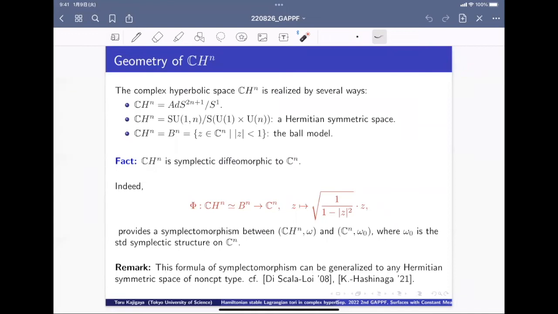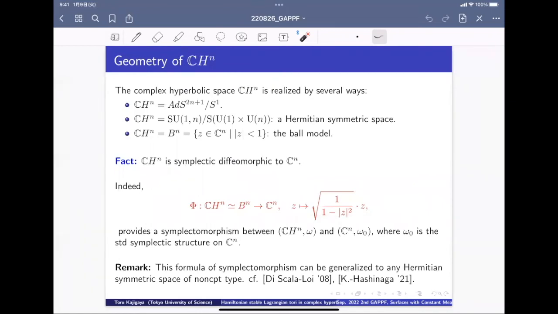Indeed, we can construct an explicit simple diffeomorphism between CH^n and C^n. More precisely, it is given by this map. I don't give details of this map. However, I just remark that this map is regarded as a canonical diffeomorphism between CH^n and C^n.